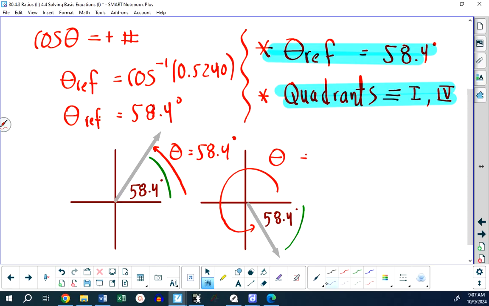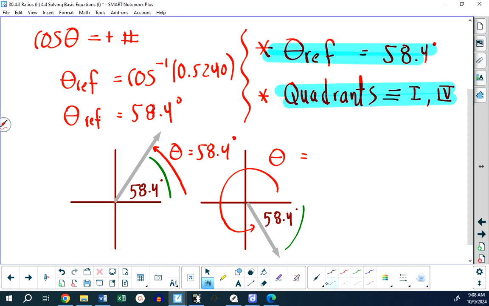In this situation, we have to take 360 degrees and subtract that reference angle to get 301.6 degrees, I think. So you can check that for me. Is it 301.6?